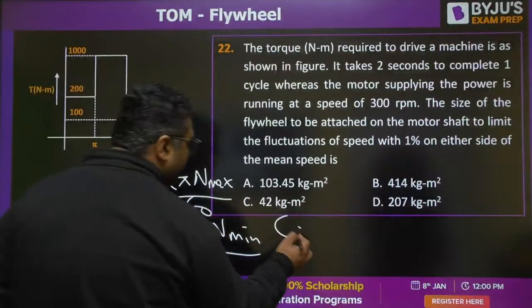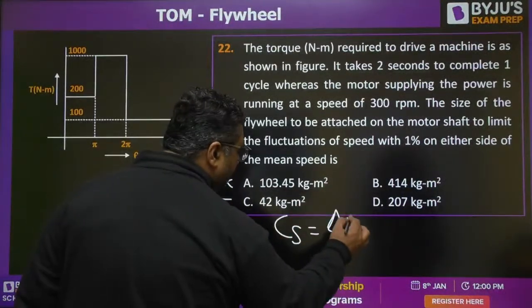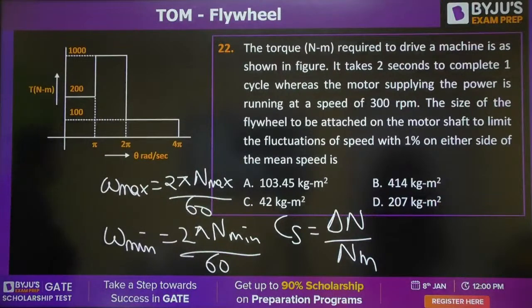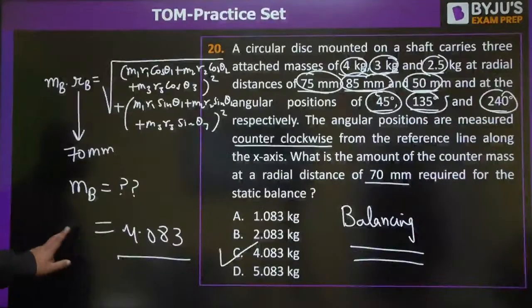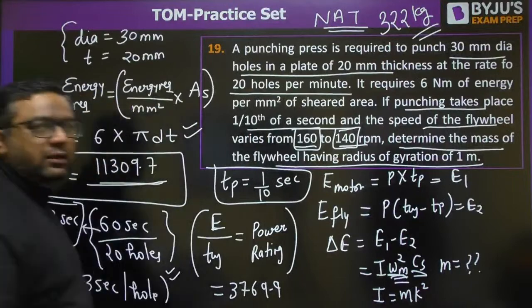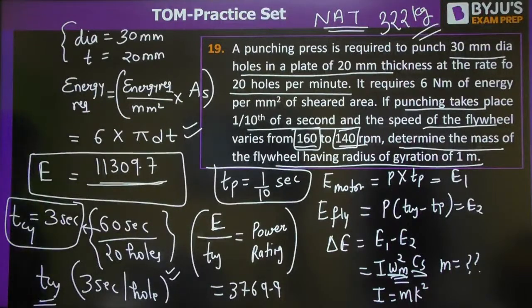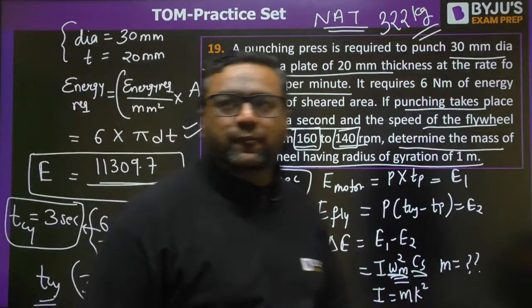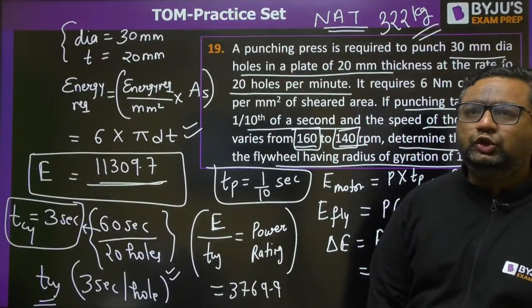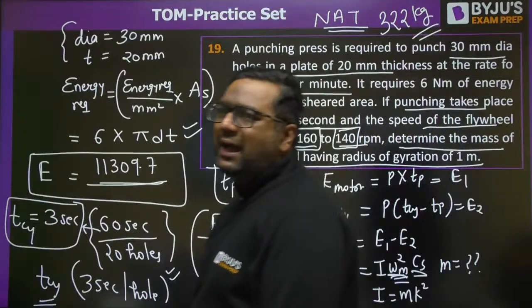Then CS would be delta n upon n mean. So that would be required, na Jobin? You would be requiring these values for omega mean and CS here. Then only you will be able to find out the solution. Is it clear for everyone? Jobin, you got it or not? Please tell me that.